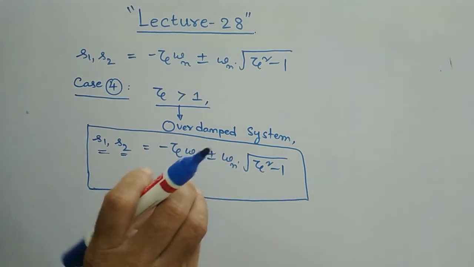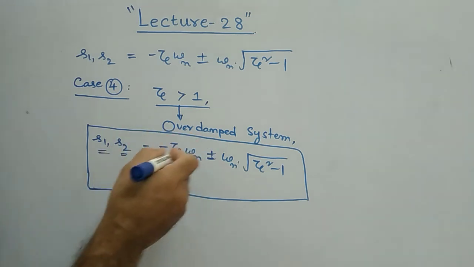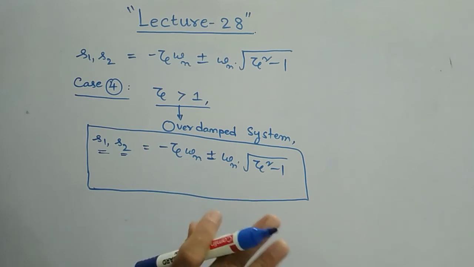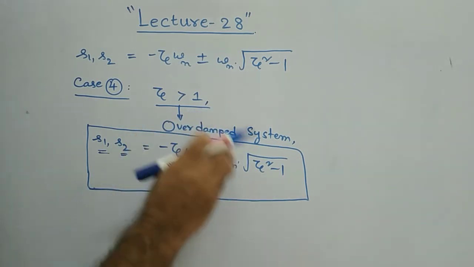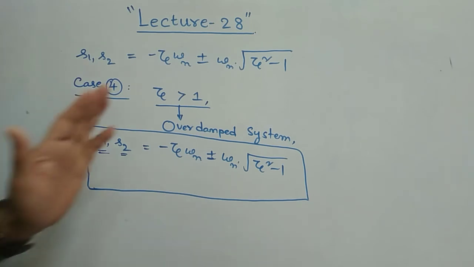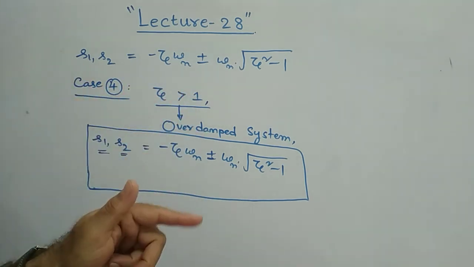And if you consider the minus, it is also some real value, definitely not imaginary, so the values are real but not equal. Therefore, for the overdamped system, the roots are real but unequal.